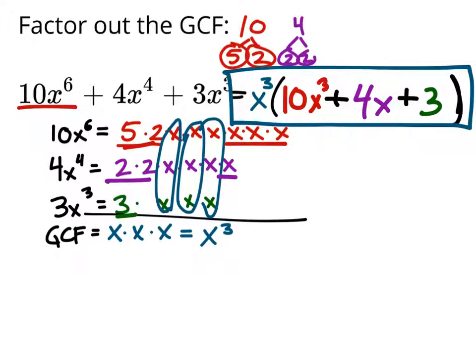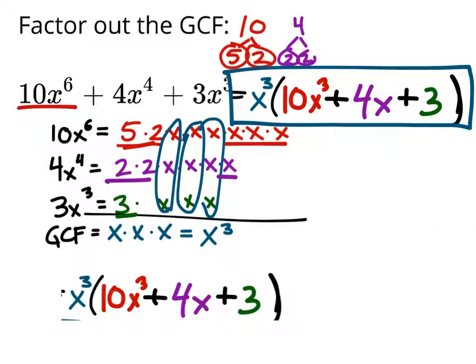Now we can check this. You could use the rectangle if you wanted to, but if we were to take that factored expression and distribute the x to the power of 3 back into the parentheses, or use the rectangle, we need to get the same expression that we started out with, all right?